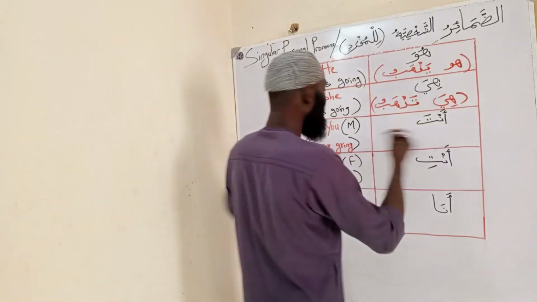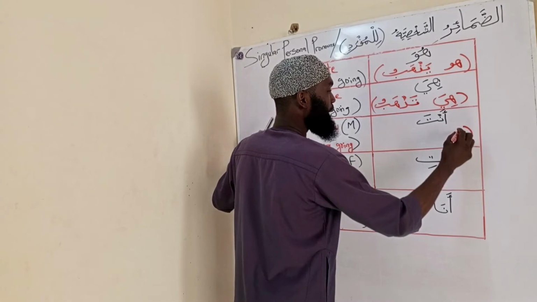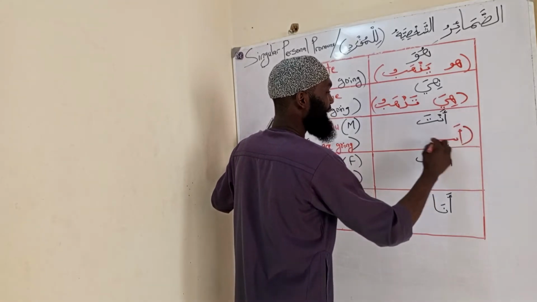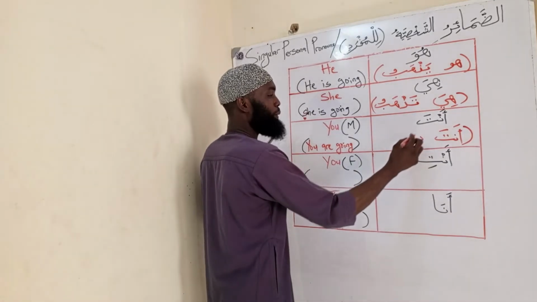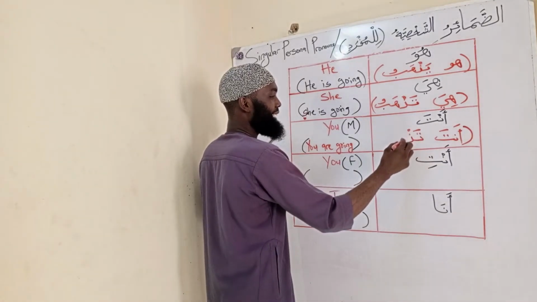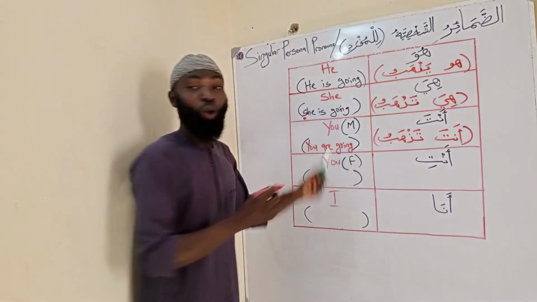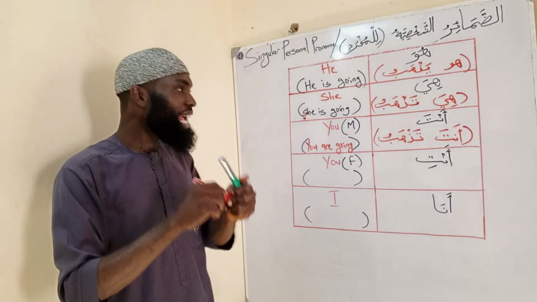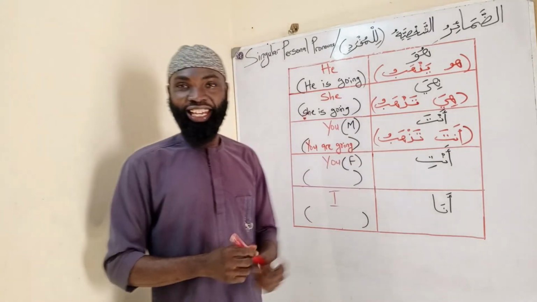You begin with the pronoun for you, a male, which is anta. You simply say anta tadhhabu, meaning you are going, that is for a male.